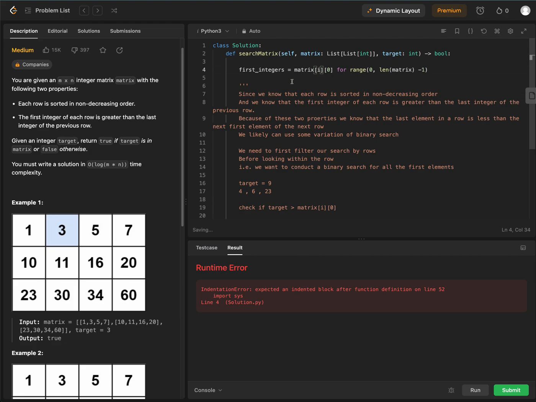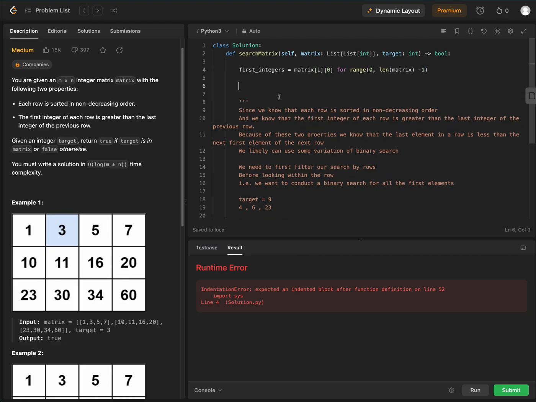Essentially we have the rows and we have the columns, right? And then we have first integers, and we want to run binary search. So let's create two more functions here. Binary search, right? Which takes in an array and a target, right?